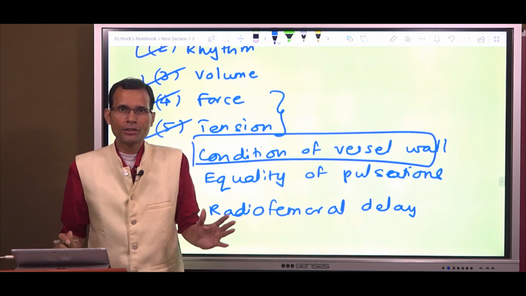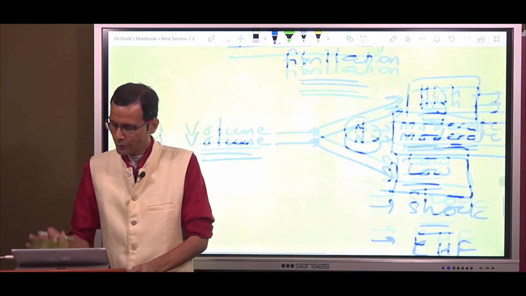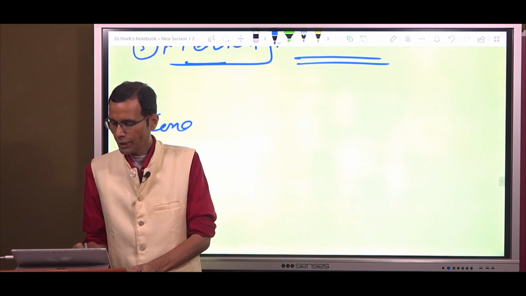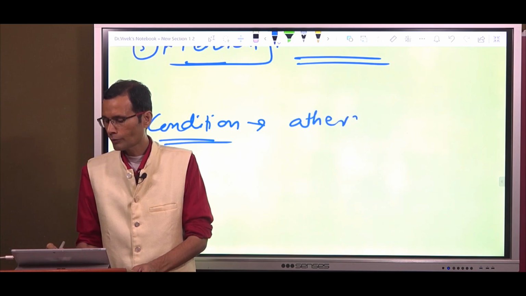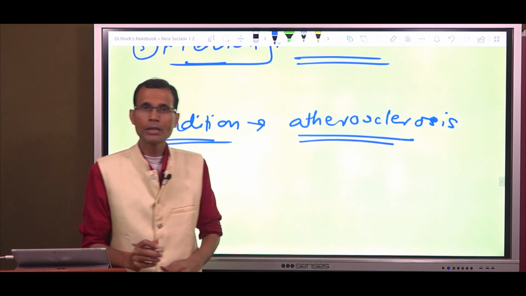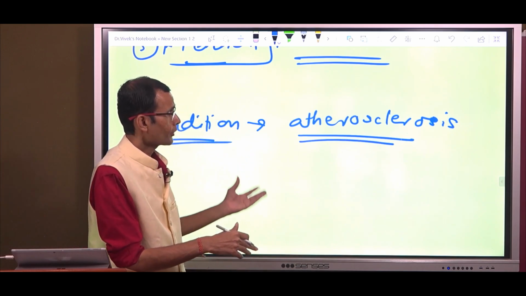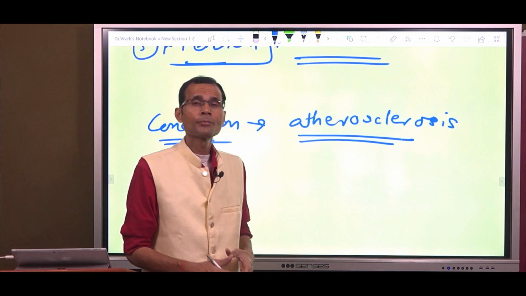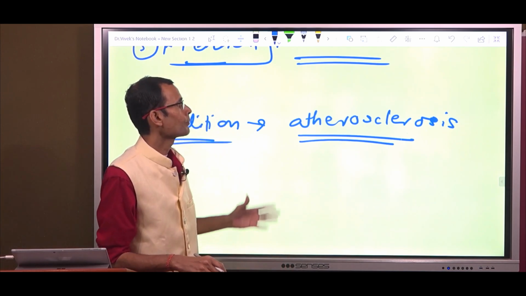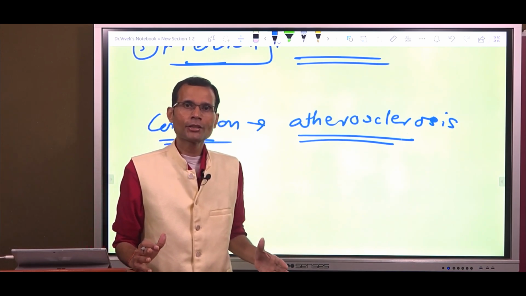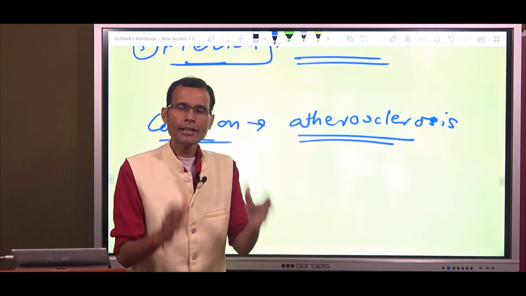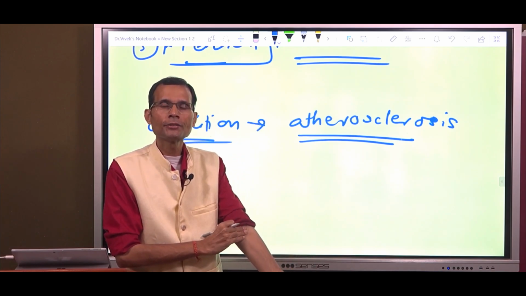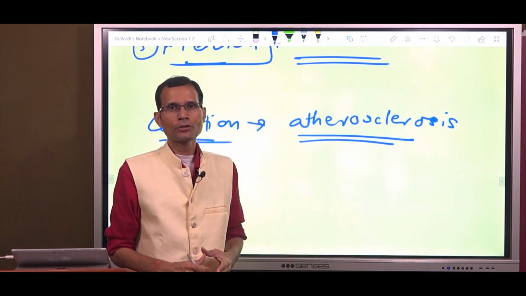And what are we looking at here? When we look for the condition of the vessel wall, we are primarily looking for an atherosclerotic wall. You know, with atherosclerosis, there would be deposition of atherosclerotic cholesterol crystals, or there would be thrombus formation. In such a condition, the arterial wall will be hardened. An irregular hardened artery indicates atherosclerosis.